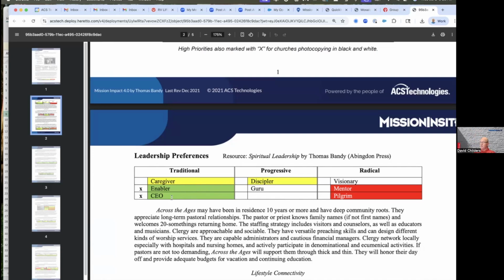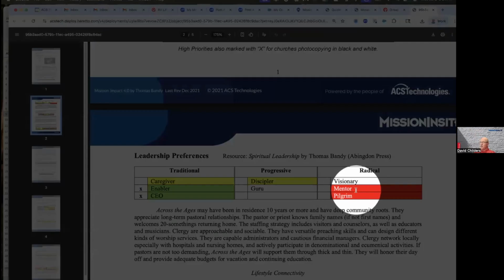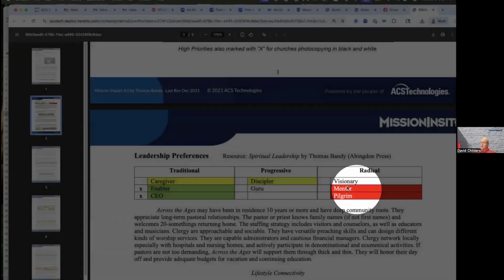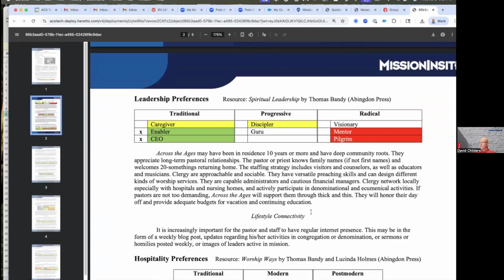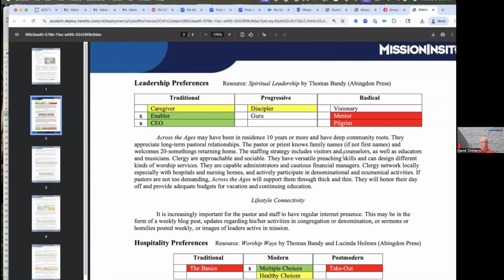Enablers and CEOs, not so much caregivers or disciplers, but if it's a radical community, mentors and pilgrims as far as leadership preferences. And it goes into a whole detailed integration of leadership preferences for BO7. It's helping you to know how to care for them.